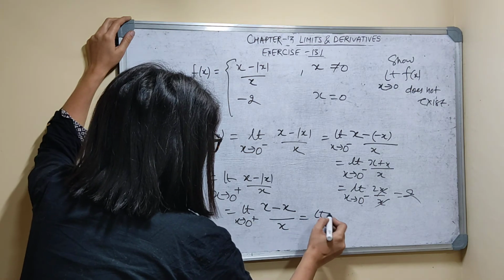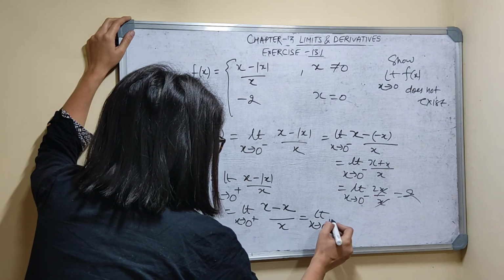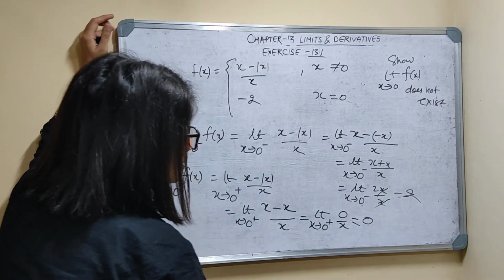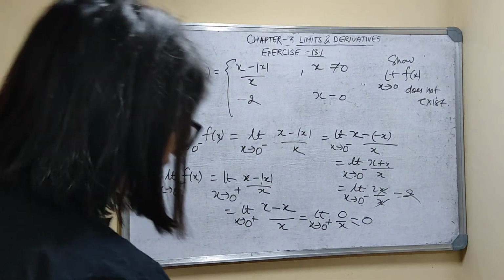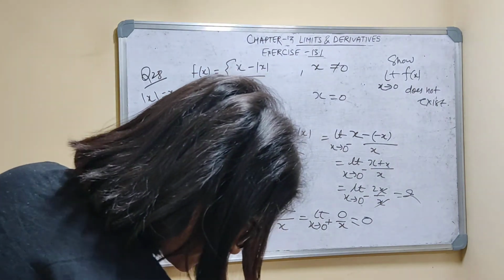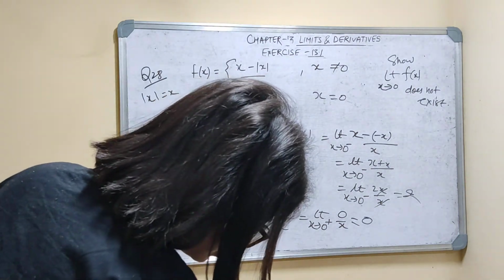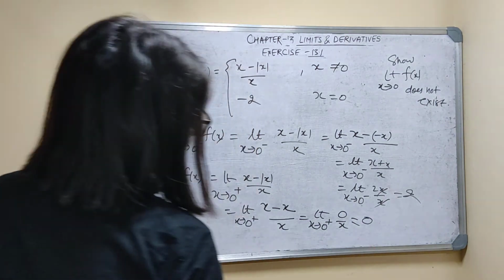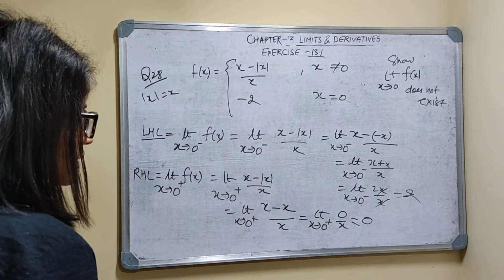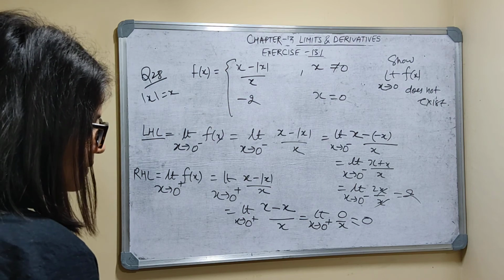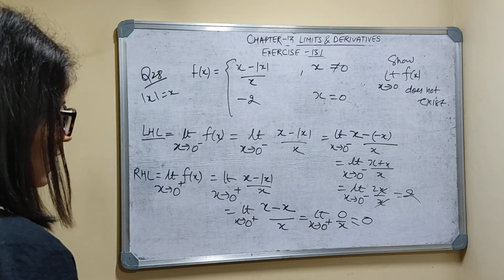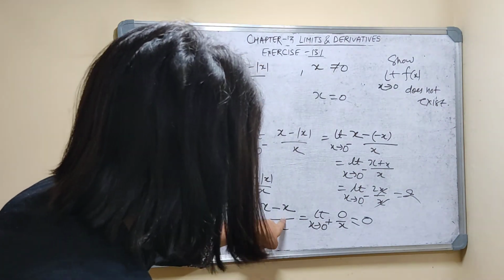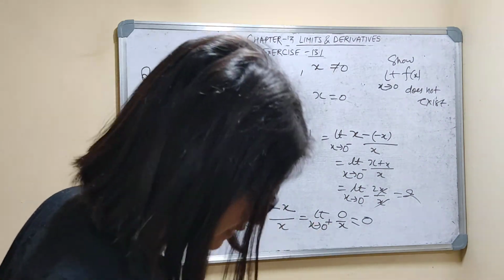So here it is what? Limit of x tends to 0 plus x minus x, 0 by x, that is what? 0. Is it clear? X minus x upon x, that is what? 0 by x, that is what? 0. Answer is what? 0. Is it clear? X tends to 0 plus x minus mod x, that is what? X upon x, 0 by x, that is 0.